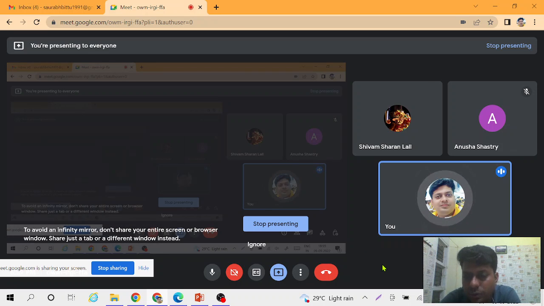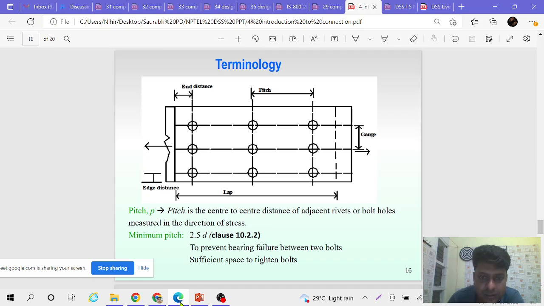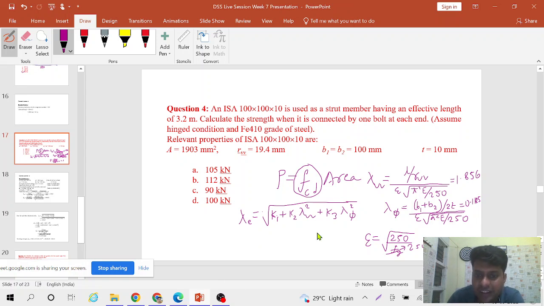Anusha, have you got the same answer? Yes, sir. 0.125. Okay, thank you. So now check from the codebook the value of K1. Tell me the value of K1. 1.25. The condition is K1 given here, 1.25.